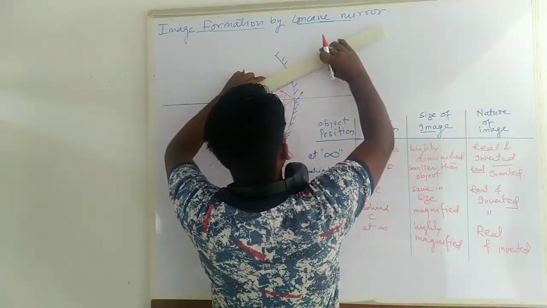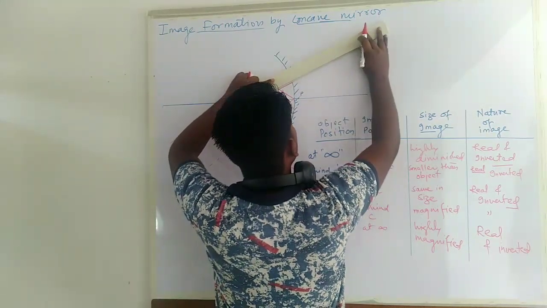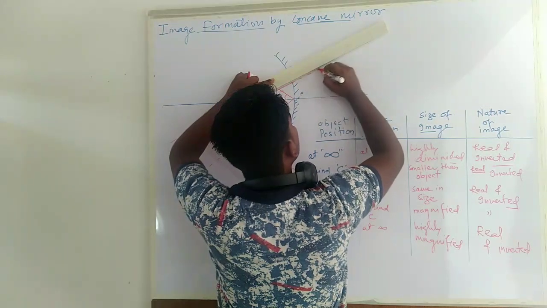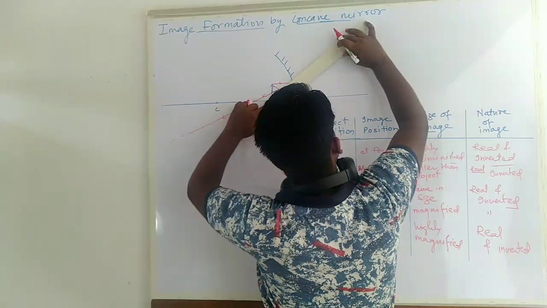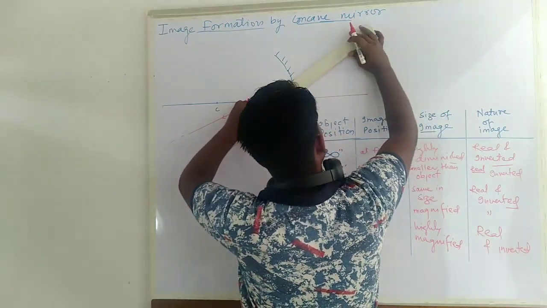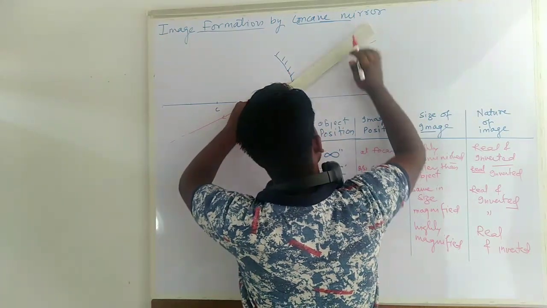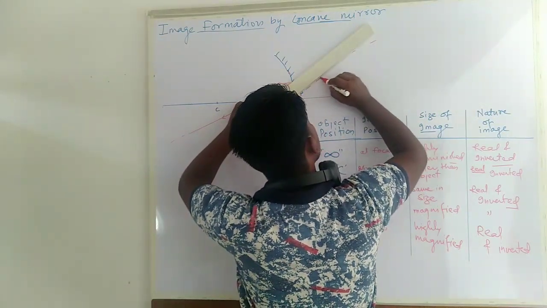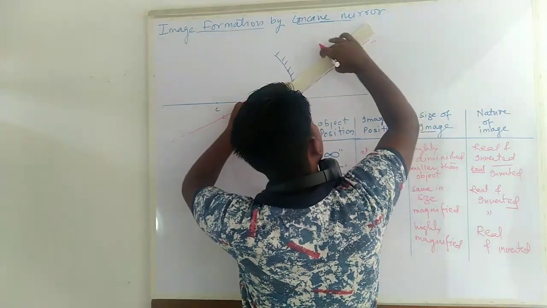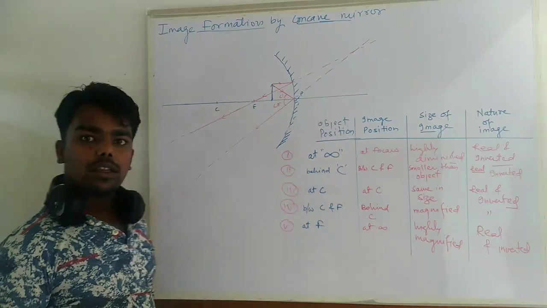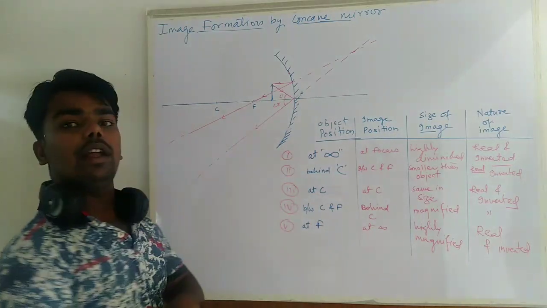So if we extend both the light rays behind the mirror, we will find that at a certain point, at this point here, both are virtually intersecting.